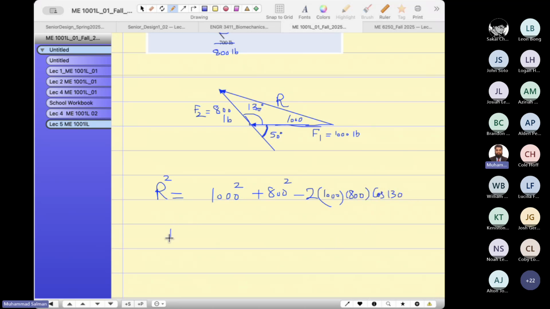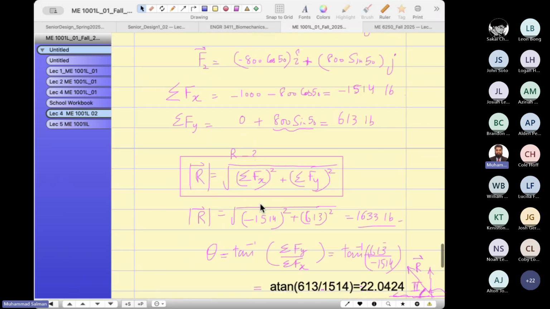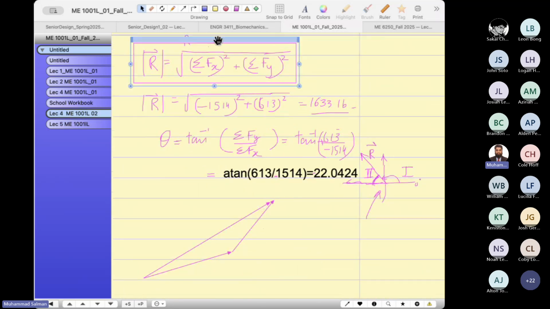Then use your calculator and let me know what answer you get for R. I want to see whether you get the same answer we got last time, 1633 pounds.